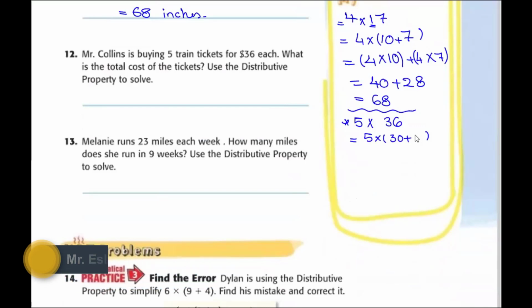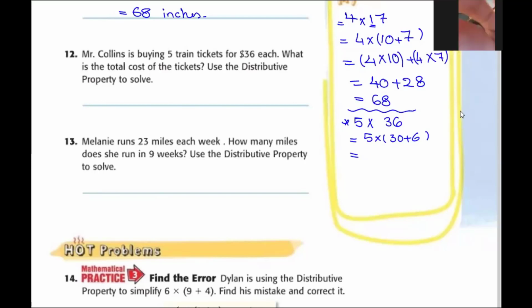Leave the book and look at the screen. Even if the answer is wrong, no problem. 30 plus what? Plus 6. Okay, what is the next step? Hurry up. The next step, we write 4.